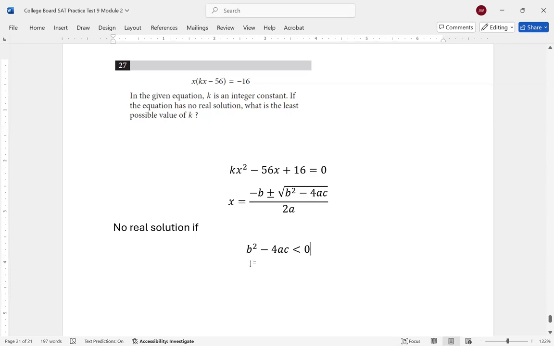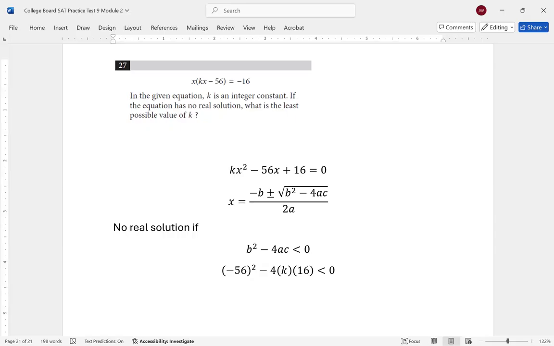So we just need to test when that is happening. B is obviously the coefficient of our X, C is our constant, and A stands for the coefficient of the x squared. So plugging in a b of negative 56, an a, which is just our variable k, and a c of 16 gives us this.